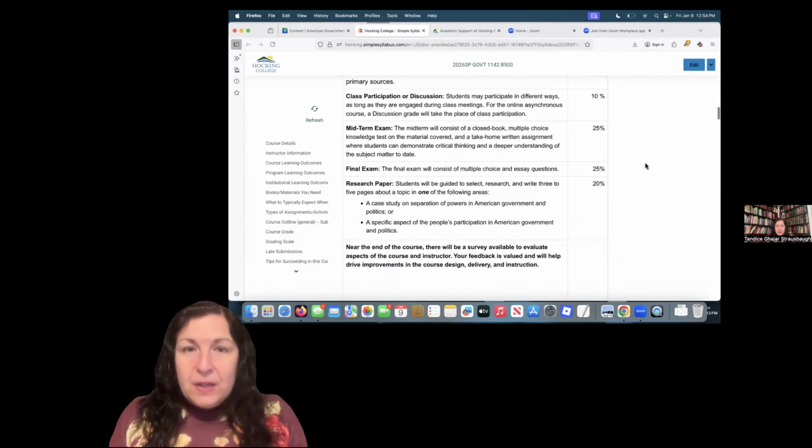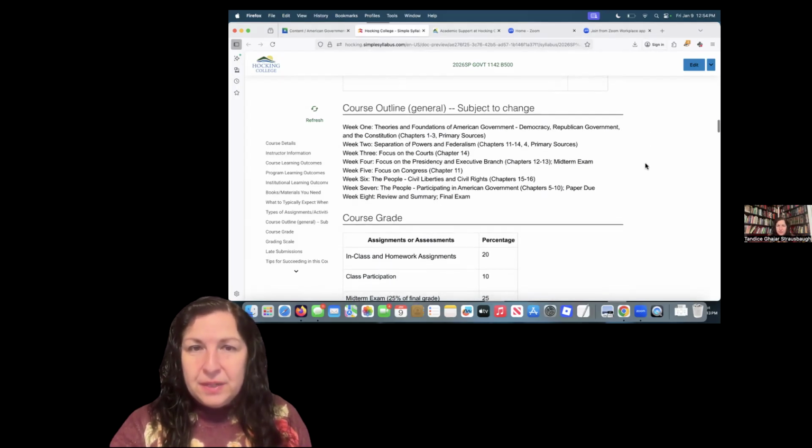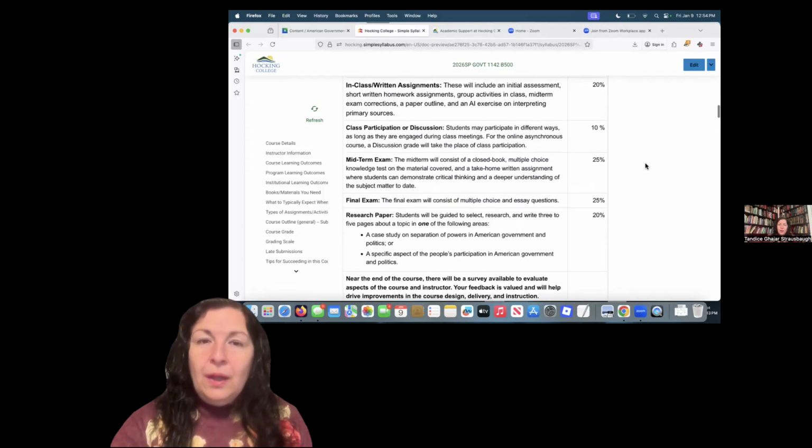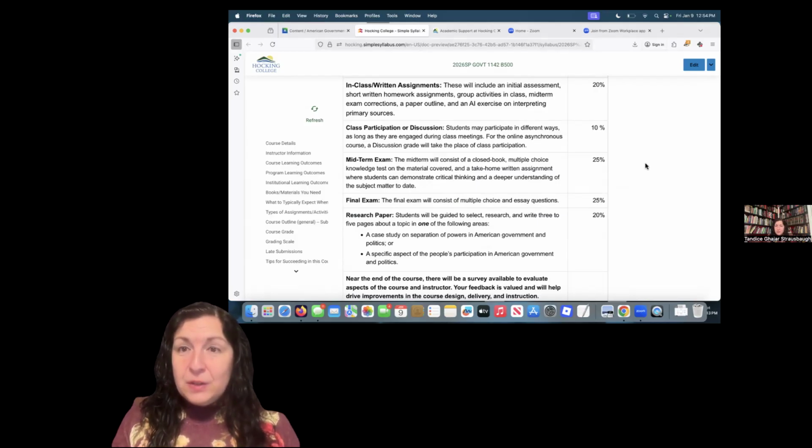We will have 2 exams, and the week breakdown is right here below the grades, so please do look at that. One midterm in week 4 and one final in week 8. Both of these exams will have 2 parts. One will be a remotely proctored multiple choice section, and this will really focus on information we've been reading in our textbook up to that point.